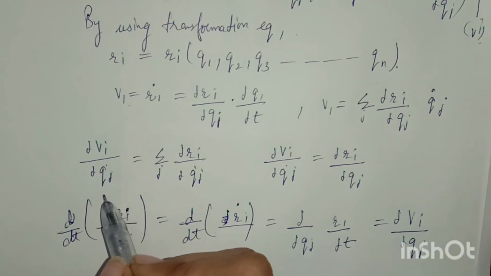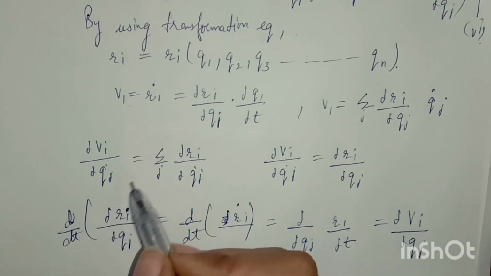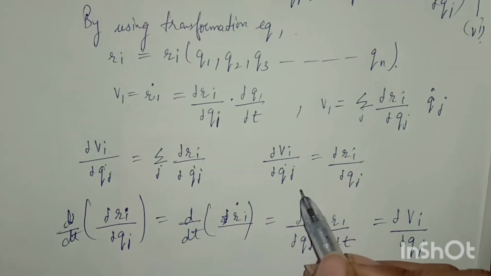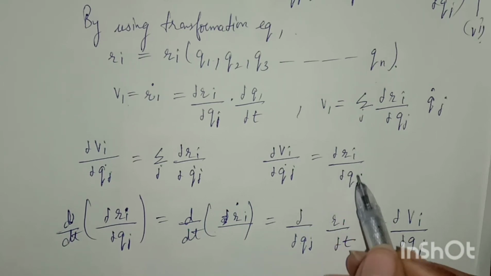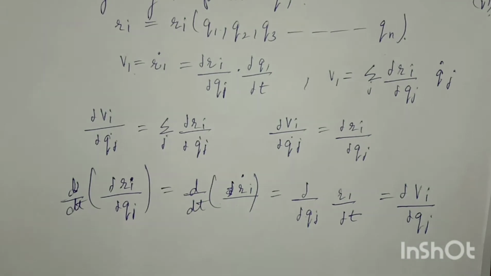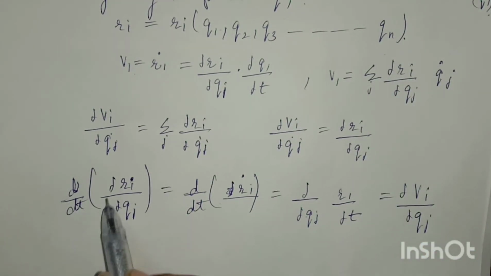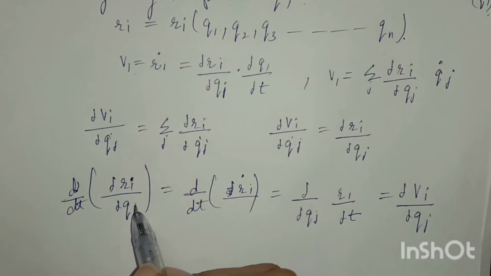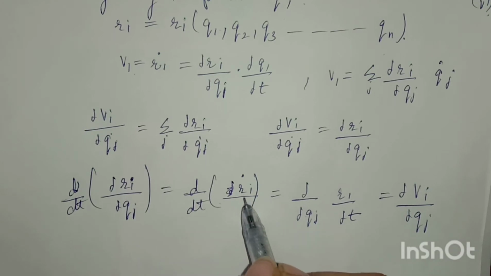Similarly, ∂V/∂q_j is equal to the summation of ∂ṙ_i/∂q_j. So when we put the value d/dt of ∂r_i/∂q_j, we can write it as only ṙ_i.